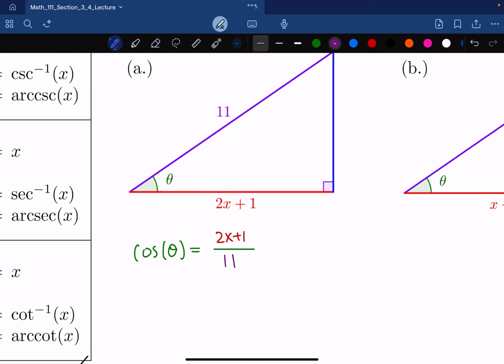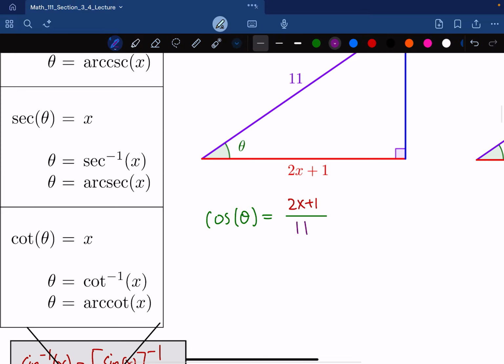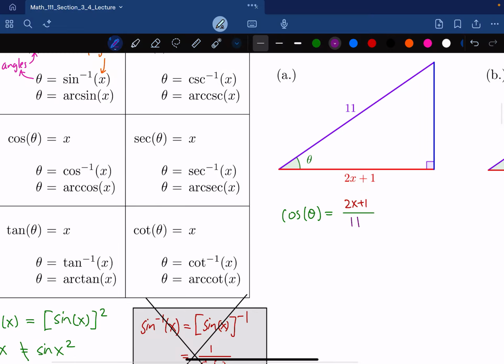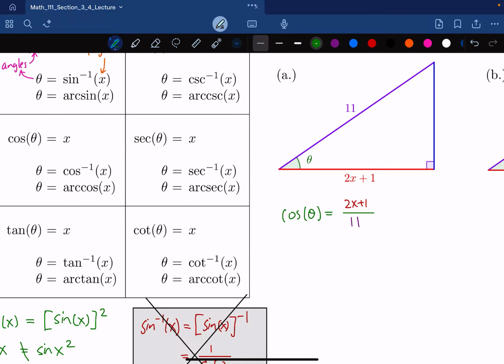Okay. So at this point, all we need to do is leverage the inverse trig function definition right here for cosine. And what I like to do, again, is align my theta and then think to myself, I'm going to move the cosine, the trig function, to the other side by treating it with a cosine inverse.